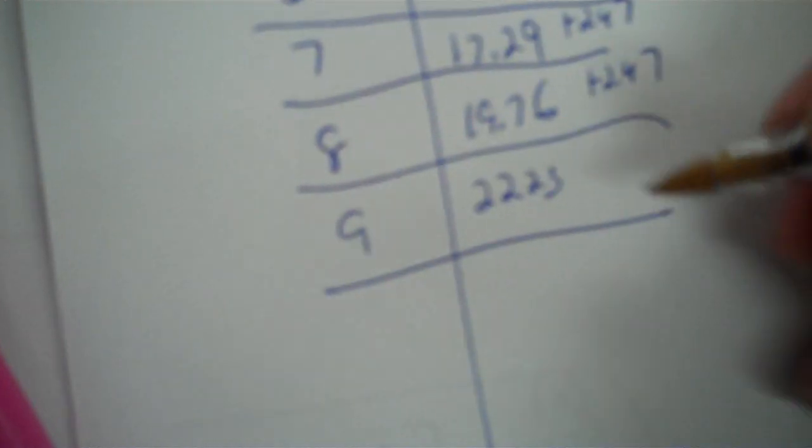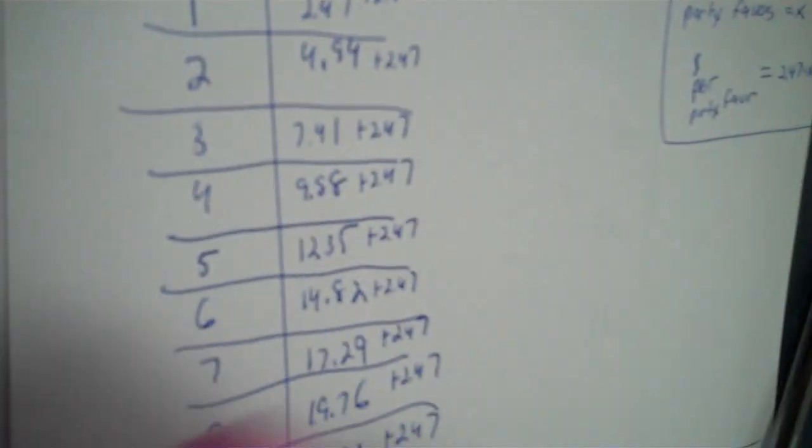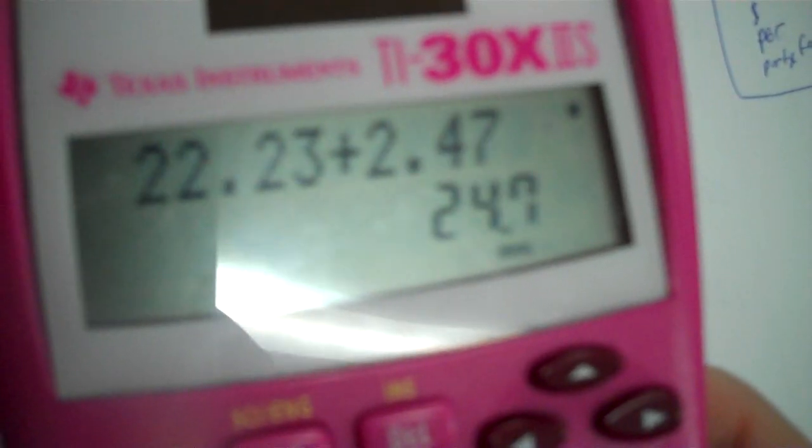Going to be $22.23. Then 10 plus 2.47 gives me 24.7, which is $24.70, not 7 cents. You put a 0 after it, plus 2.47.